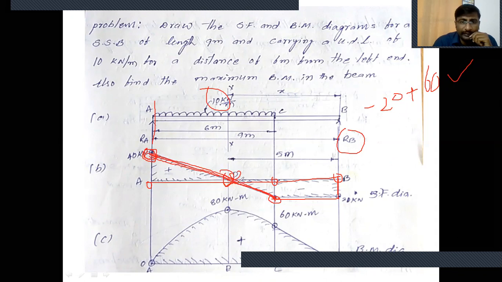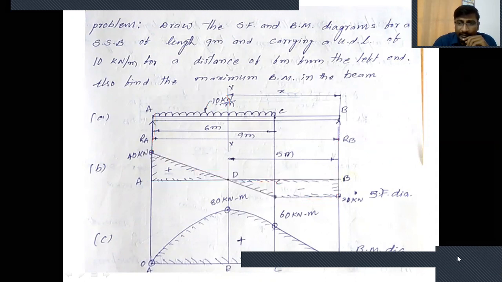At zero shear force, locate another point as D. Clear, students? Wherever the shear force is 0, locate that point as another point D. From that D point, draw the vertical line for the bending moment diagram.